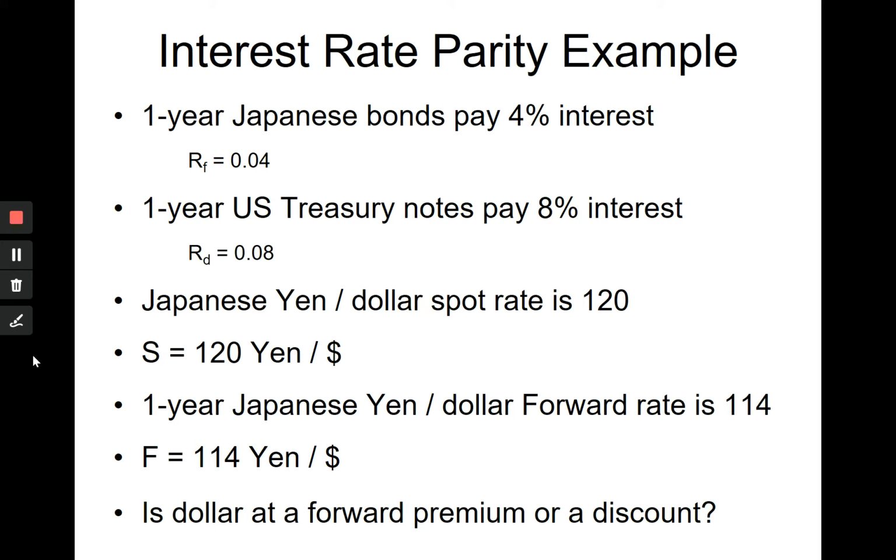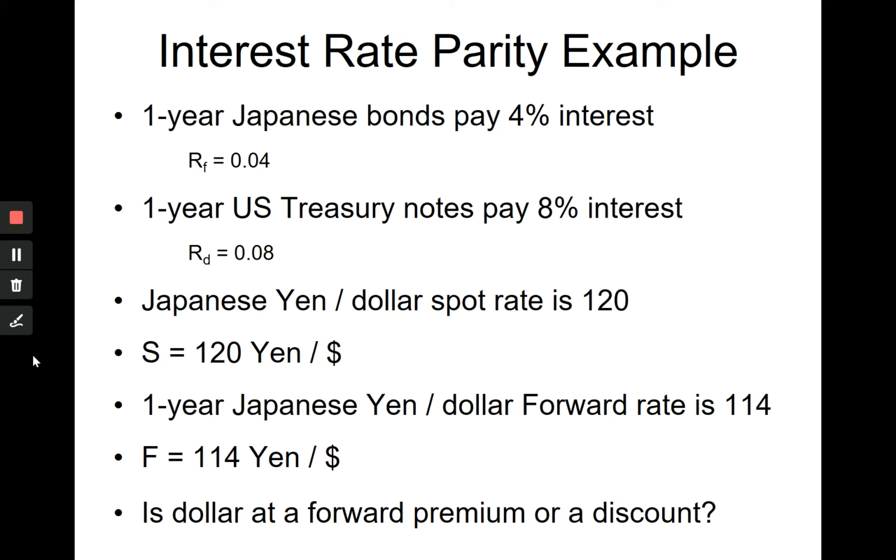Well, the price of the dollar is given in yen. The forward price is 114 yen. The spot price is 120. So we are expecting the dollar to go down from 120 yen to 114 yen, or get cheaper in the forward market a year from now. Therefore, we say we have a forward discount.